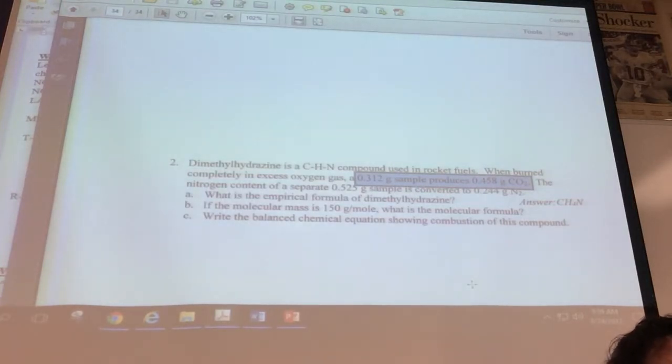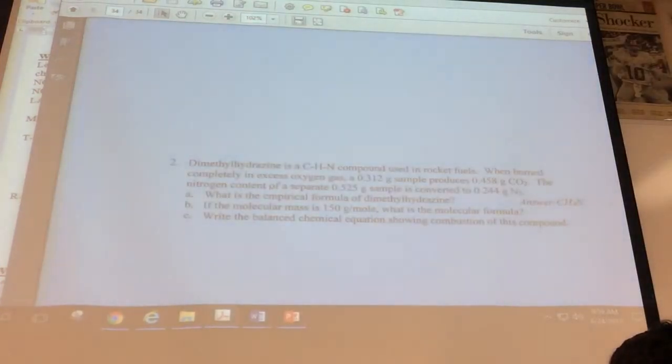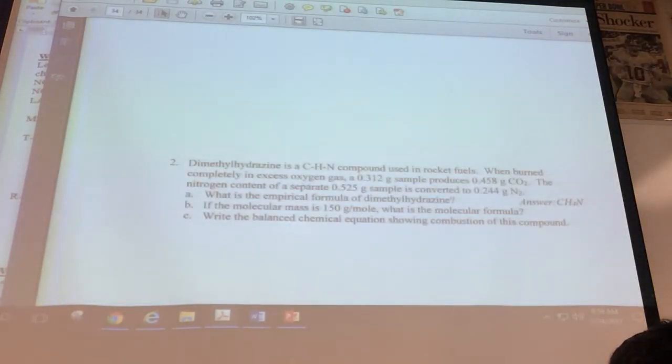So that sample is used to determine the mass of CO2. That mass of CO2 will determine the percent of what element? C. C. Then the nitrogen content of a separate 0.525 gram sample is converted to 0.244 grams of nitrogen gas.